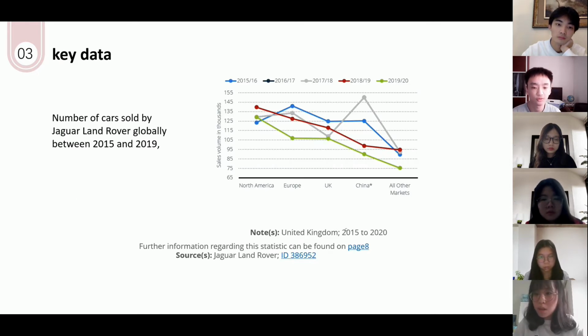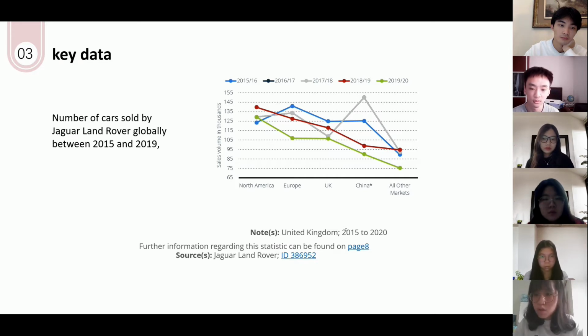Here is the data about the number of cars sold by Jaguar Land Rover globally between 2015 and 2019. It can be seen that the United States has emerged as the most important sales market for Jaguar Land Rover. In 2019, the luxury car manufacturer sold roughly 106,600 vehicles in its home market, which was slightly less than the number sold in the rest of Europe.